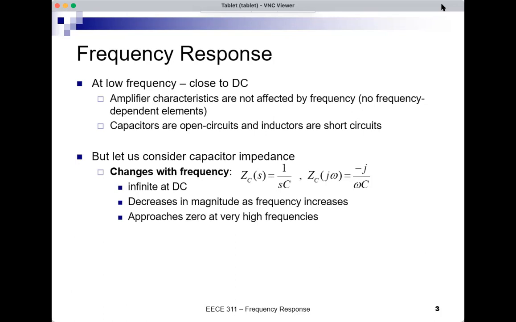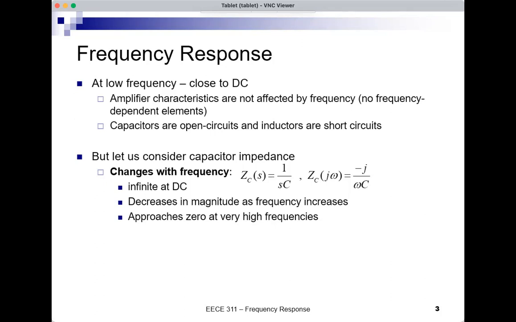It approaches infinity. So in the low frequency domain that's close to DC, the impedance of a capacitor is infinite. And that's why we replace a capacitor by an open circuit, because its impedance is infinite. The magnitude of Z is 1 over omega C. As omega goes to 0, Z goes to infinity. So the capacitor is an open circuit.